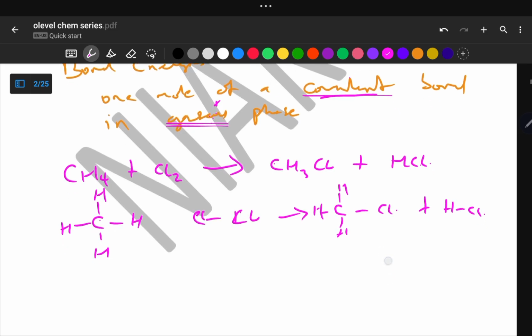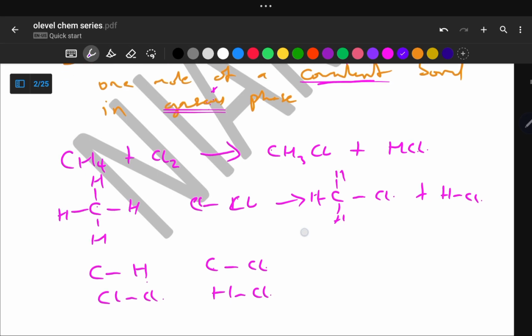So in the examination you'll be given the bond energies of the carbon to hydrogen bond, and then chlorine to chlorine bond, and then chlorine to carbon bond, and then hydrogen to chlorine bond, right?